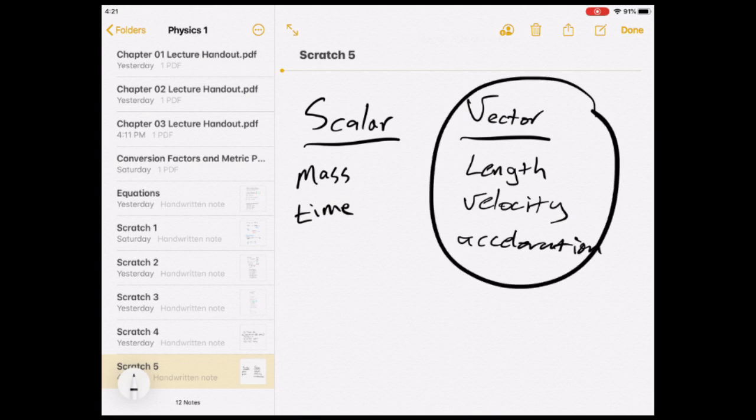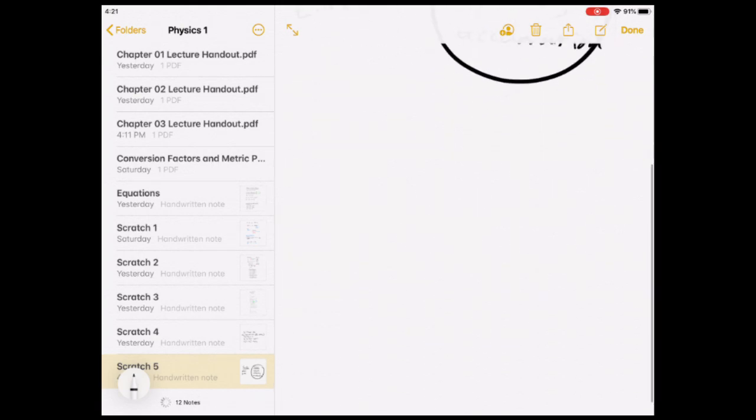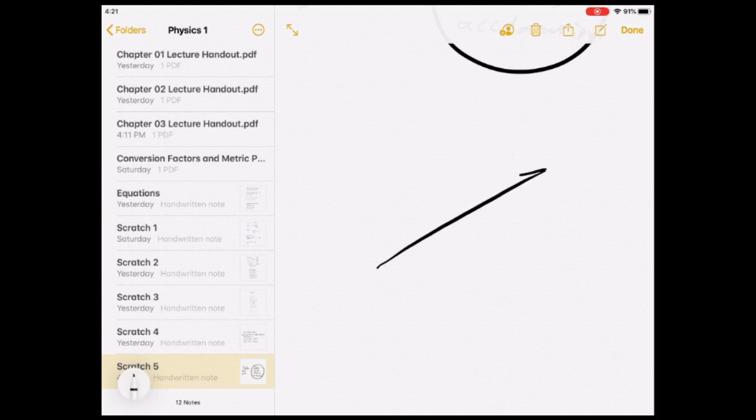So I want to talk about how do we add vectors and what are various ways to represent that. So one simple way to represent a vector is an arrow, right? There's an arrow. Because an arrow has a length and it has a direction.